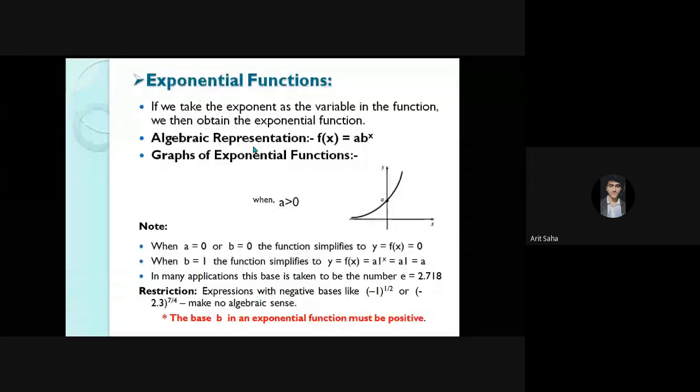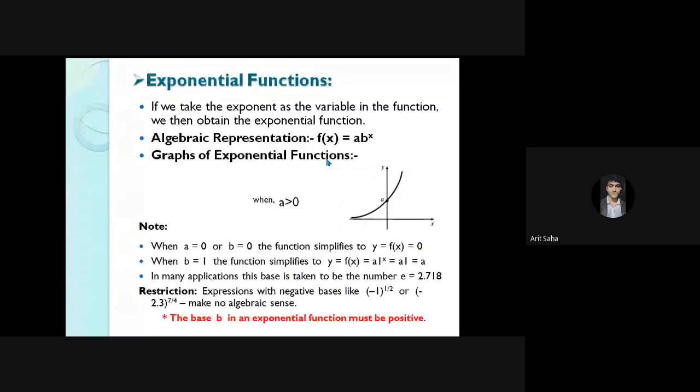Algebraic representation is obviously y is equal to a b to the power x. Here you can see when a is greater than 0, the graph looks like this.